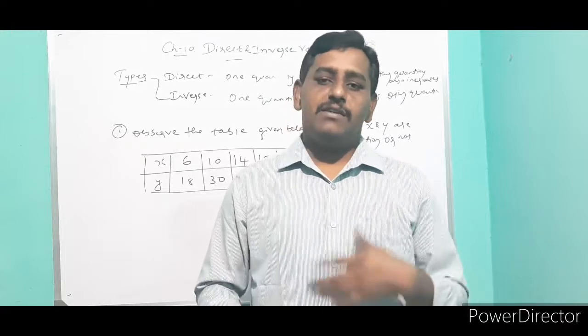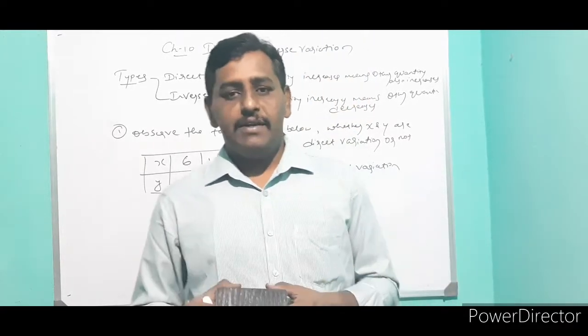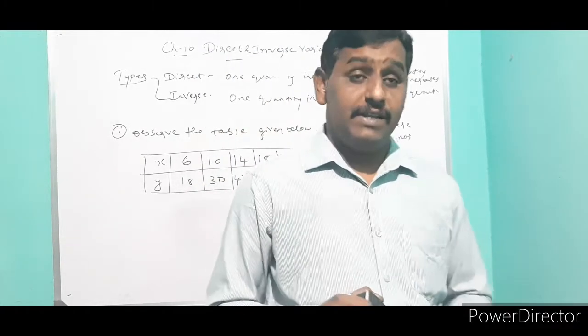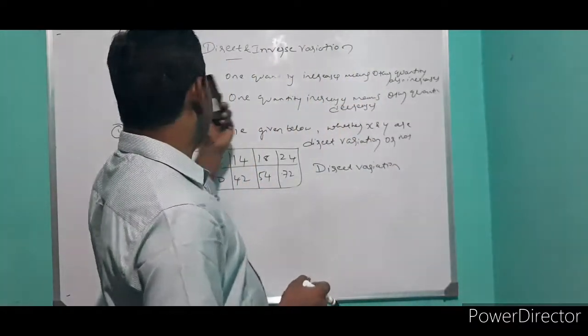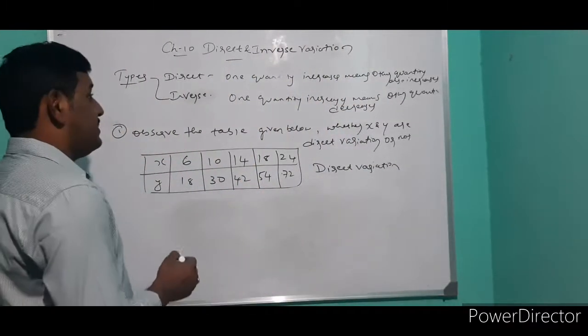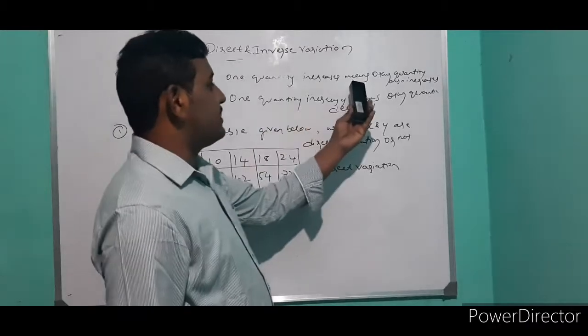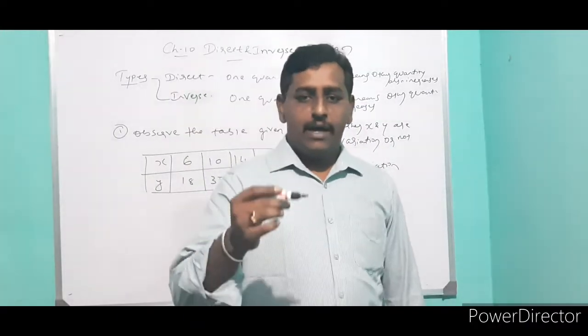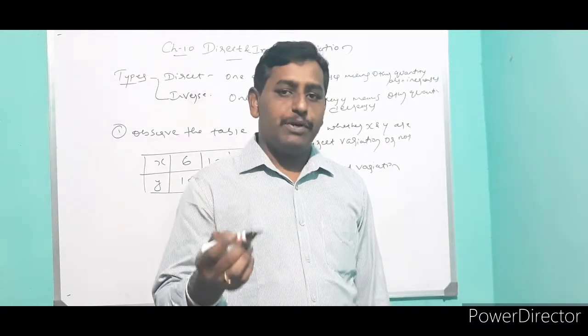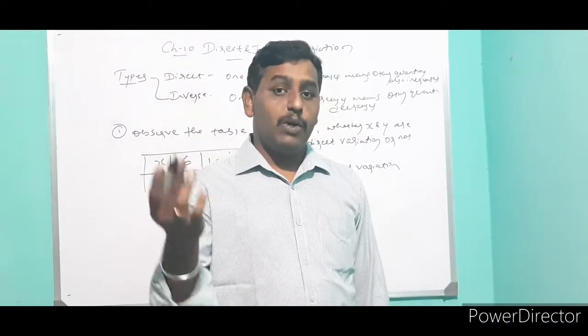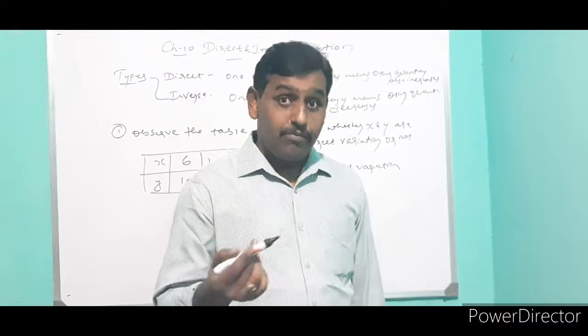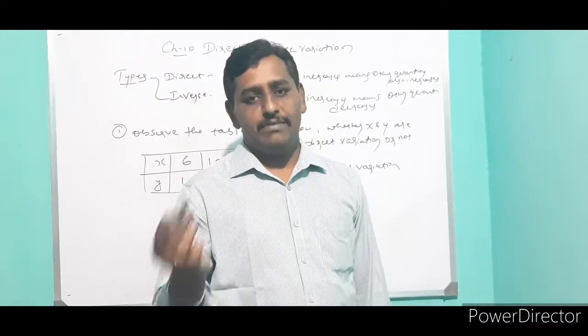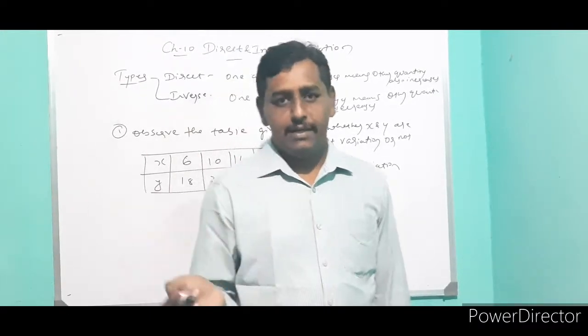Based on that, we classify direct and inverse variation. In direct variation, if one quantity increases, the other quantity increases. As I told earlier, the more money you put in the bank, the more interest the bank will give. So increase on both sides.